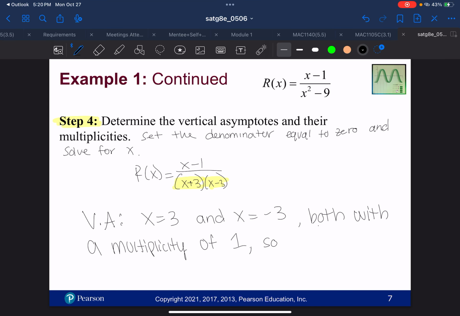So as x approaches 3, r of x will approach negative infinity on one side and positive infinity on the other. And same thing for as x approaches negative 3.